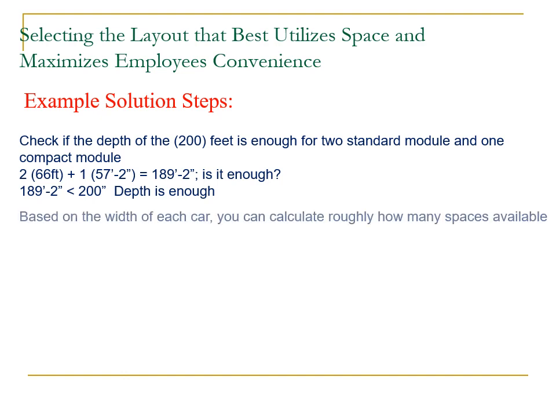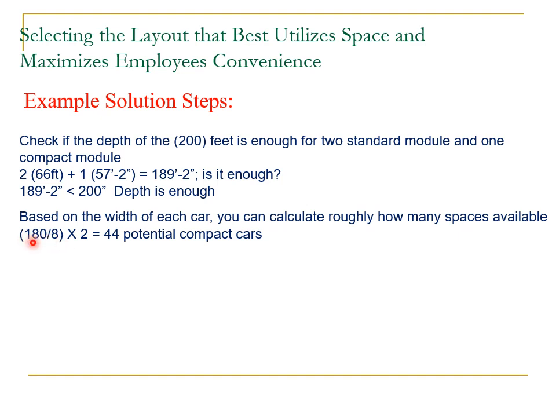Then what about the width of the space? We have available 180 feet space. Then how many cars can we accommodate in this width? We need to consider that. So in order to do it, again, for compact and for standard cars, we have different stall widths. For compact cars, the stall width is 8 feet.